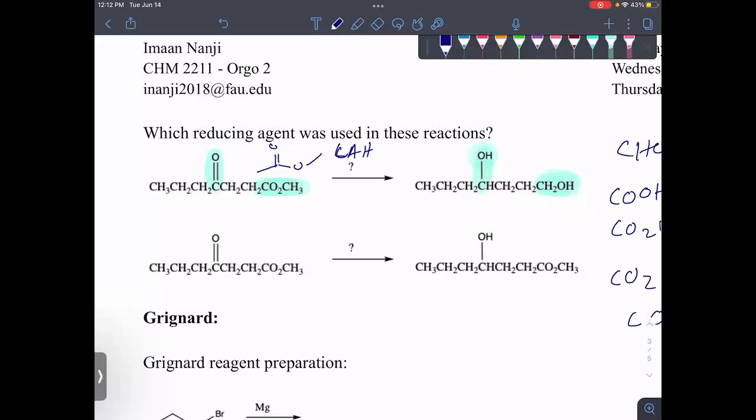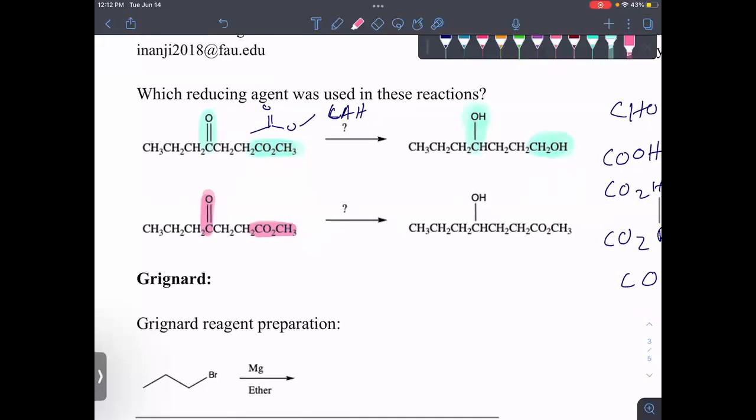Yeah, that's exactly right. So in the second example, we have the ketone and we also have the ester. But on the other side, in the product, the ketone turned into an alcohol, but the ester didn't. The ester is the exact same, right? Exactly. So you're right, it had to be NaBH4. NaBH4 is not strong enough to reduce an ester, which is why the ester stayed the exact same.